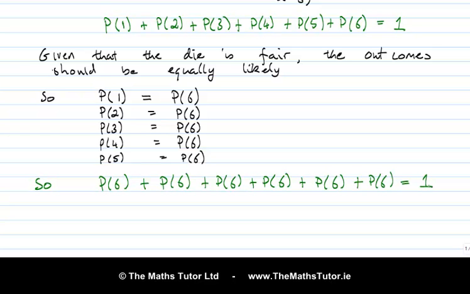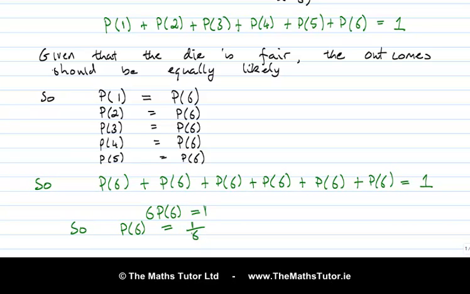All of these probabilities are the same, and they're all the one that we're looking for. So what do we have? We have 6 times the probability of 6 there. And now just divide by 6, and we get that the probability of a 6 is 1 over 6. So you see, we've actually calculated the probability that we were looking for. And the assumption that we used was just that the outcomes were equally likely.